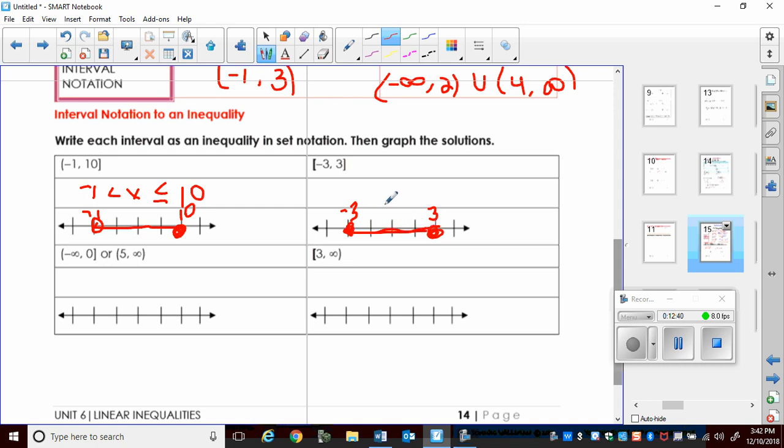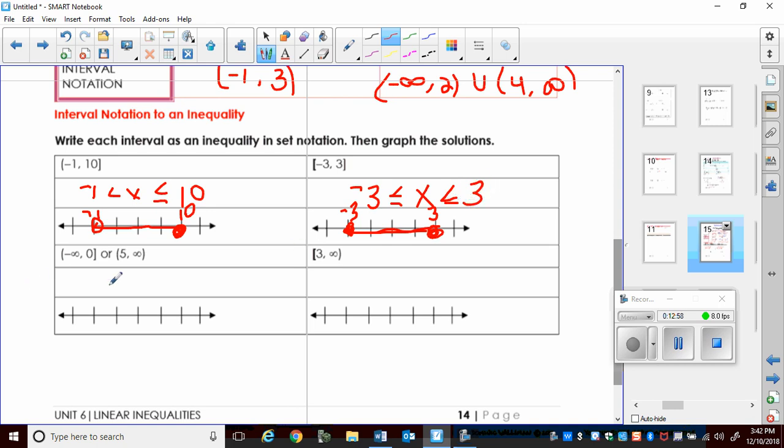So here, set notation will be -3 is less than or equal to x is less than or equal to 3.